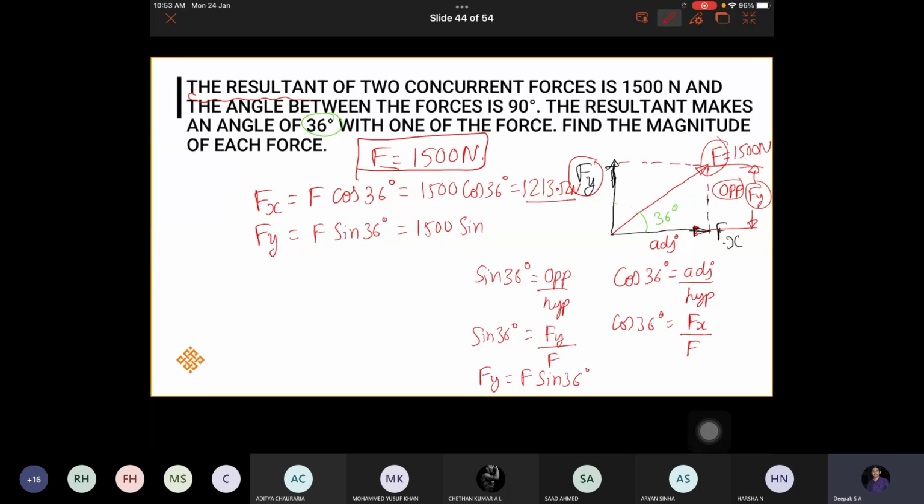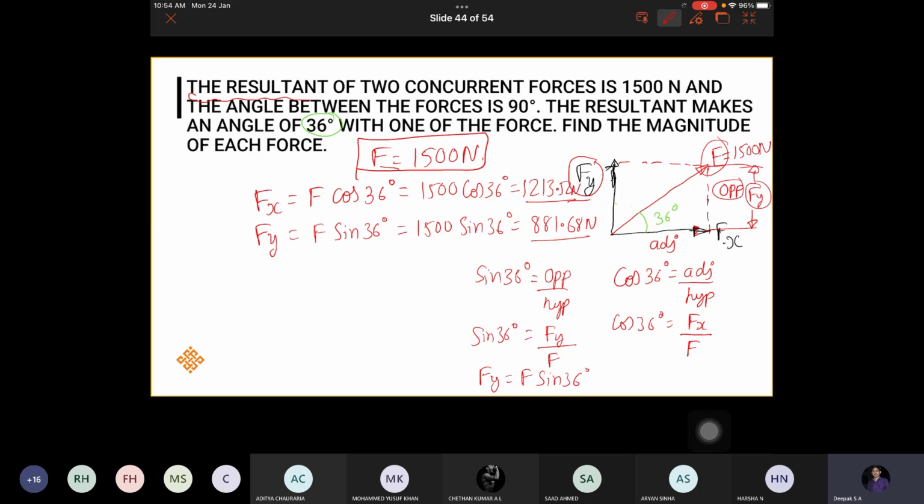Similarly, can you find the Fy value? 1500, and instead of cos, you use the sin value, sin 36. What is the value? 881.678. Only write up to two digits, so 881.68. Don't write more than two digits.